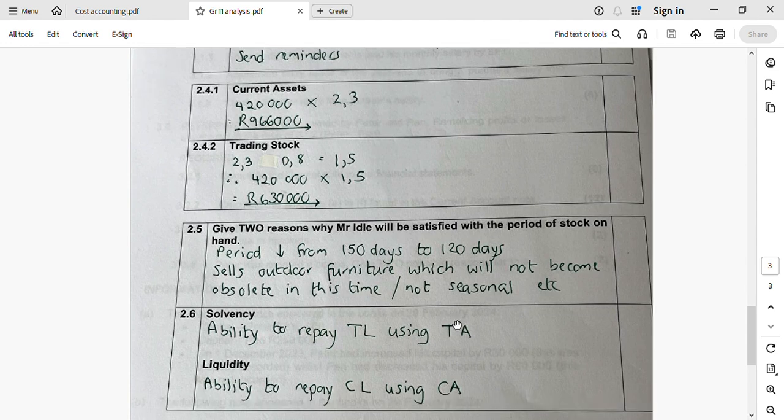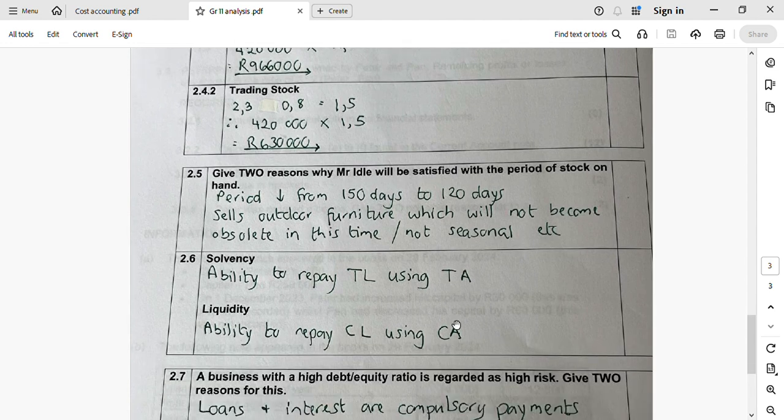And then the next question was the difference between solvency and liquidity. Solvency is your ability to repay all your liabilities, your total liabilities, using all your assets, your total assets. And then liquidity, that's the ability to repay your current liabilities, but using your current assets.